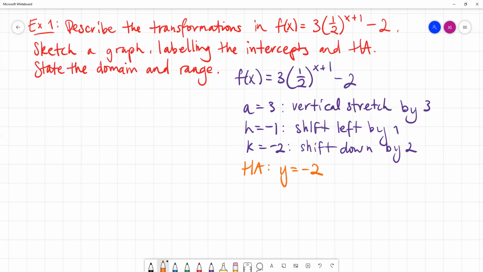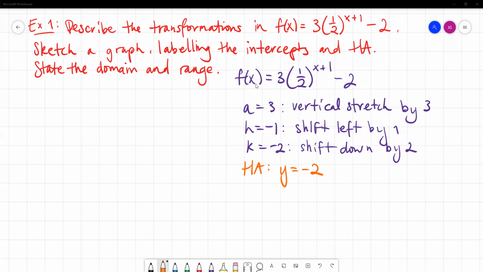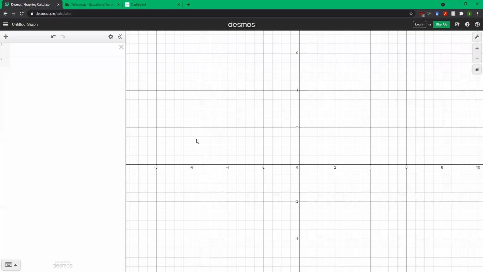And now let's go ahead and graph this to see what our sketch will look like. So I'm going to share my screen onto Desmos. And so let's type this in.